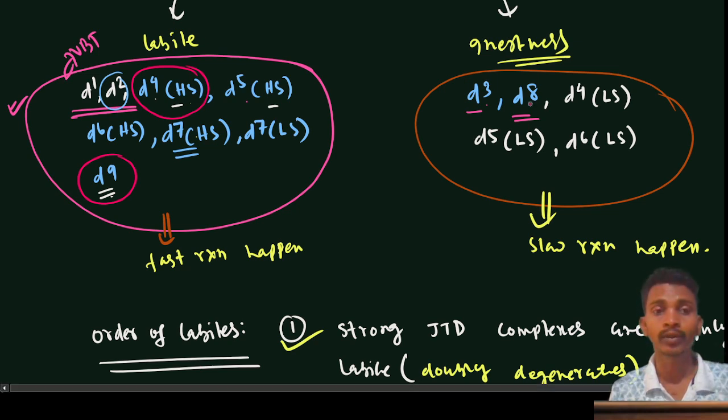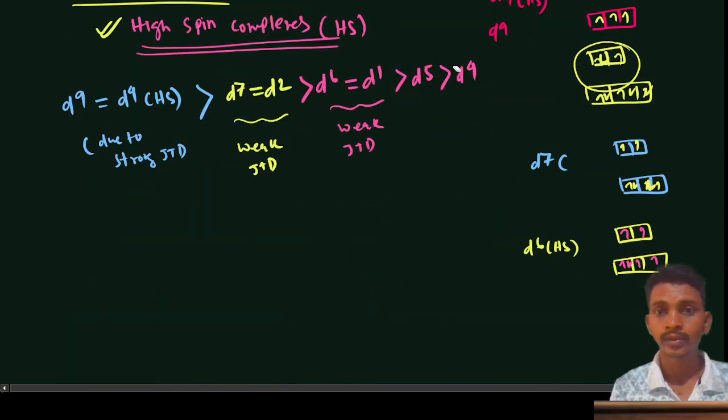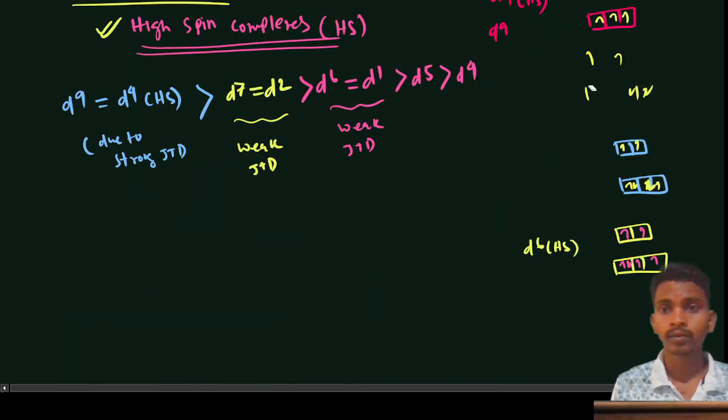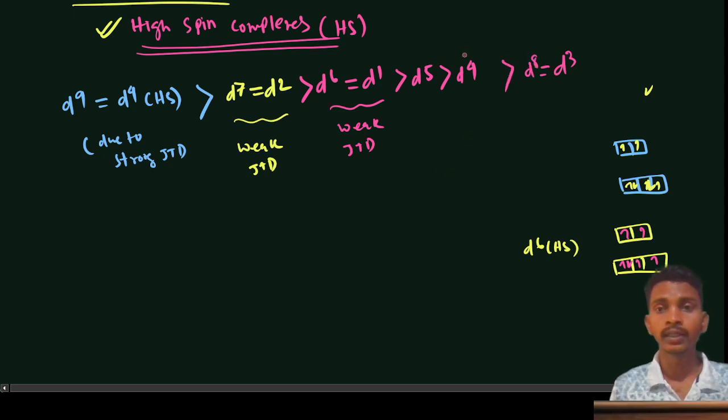Because for D8 and D9, low spin or high spin is not applicable, because in both cases the electron configurations will be the same. And D3 is due to BBT. So D8 and D3 are the inert compounds.